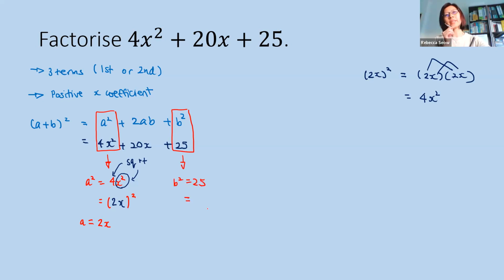And we also know that 25 can be rewritten as 5 squared. So therefore, b is equals to 5. Knowing the values of a and b, we should be able to factorize it now. And so 4x squared plus 20x plus 25 can be rewritten as 2x, this is a, plus 5, which is b, and whole thing square.